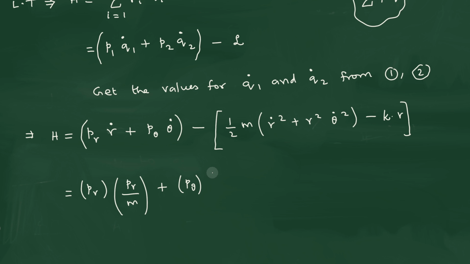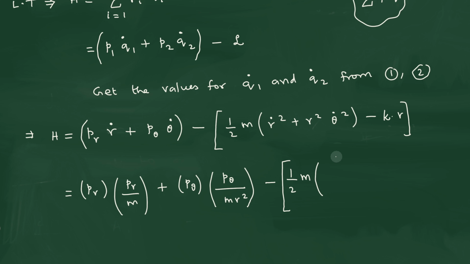So this p theta multiplied by theta dot, you'll have to get from equation number 2, which is p theta divided by mr square. Then minus this expression. Once again we'll have to simplify, and let us keep this as half m into, so what is r dot square?